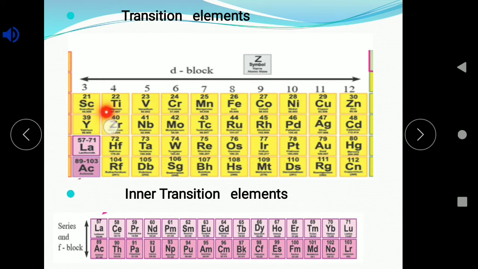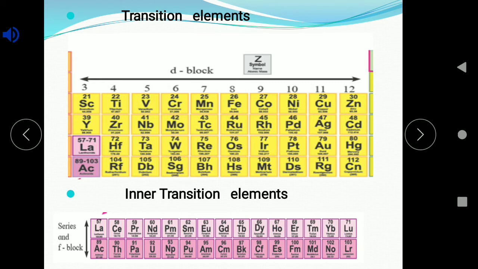Every time as we move from left to right, nuclear charge increases by 1 unit. And these elements are located in 4 different series depending upon in which D subshell the electrons are accommodated. That means 3D series, 4D series, 5D series and 6D series.